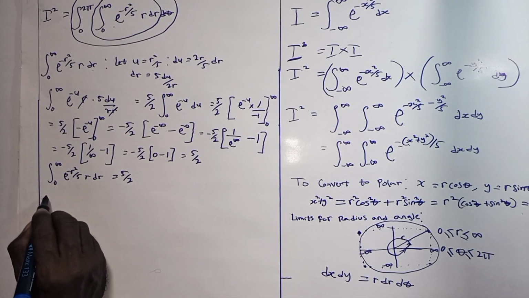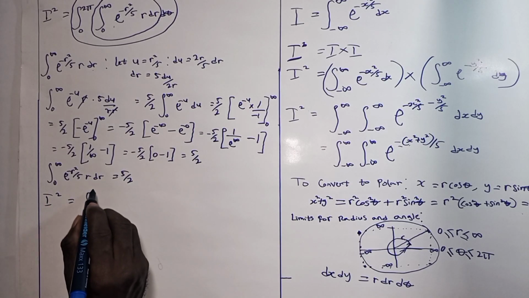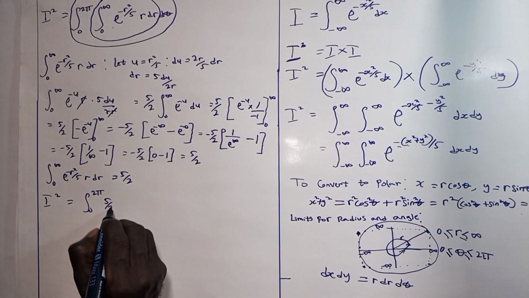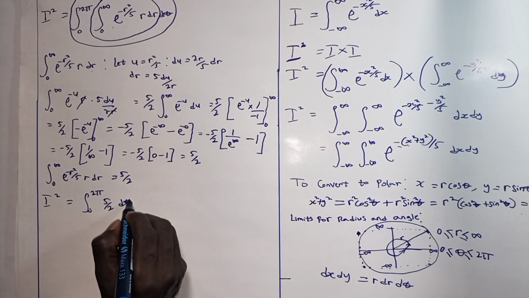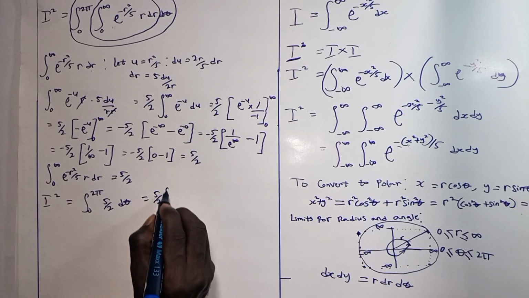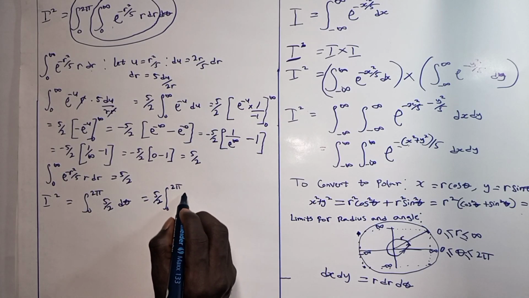Then our I square becomes the integral from 0 to 2 pi of 5 over 2 d theta. And this is a constant, so bring it out: 5 over 2 times the integral of d theta.